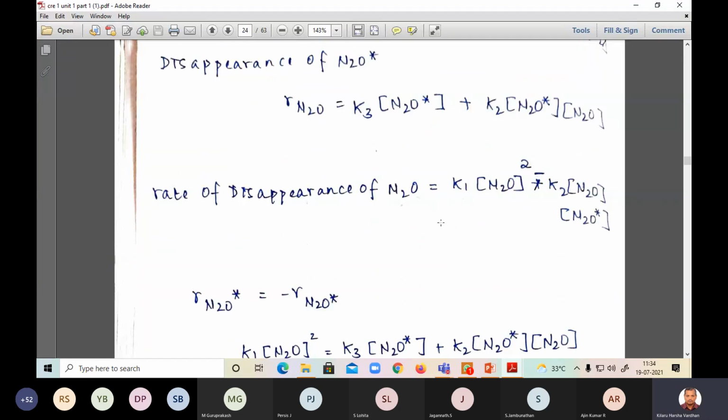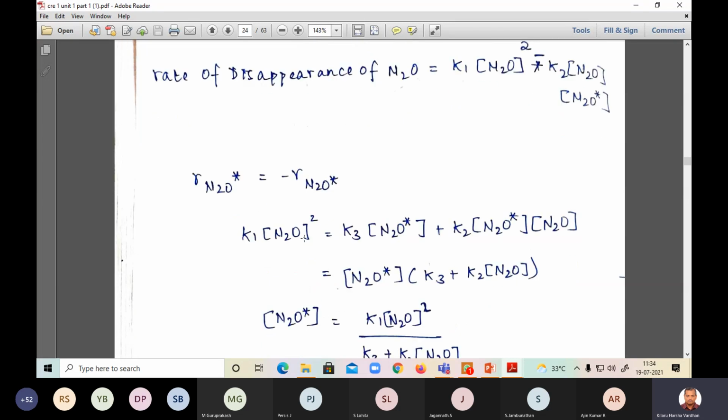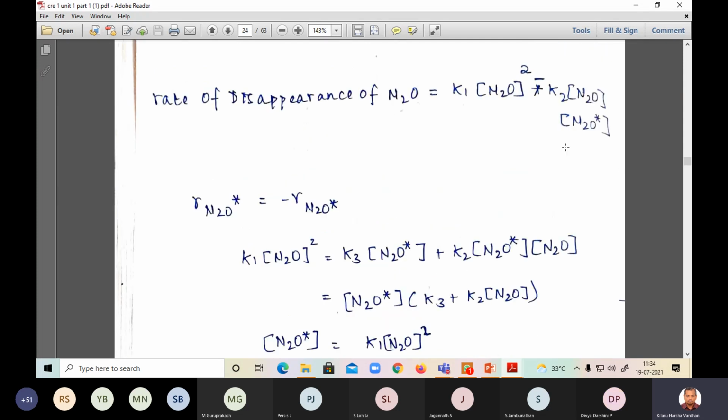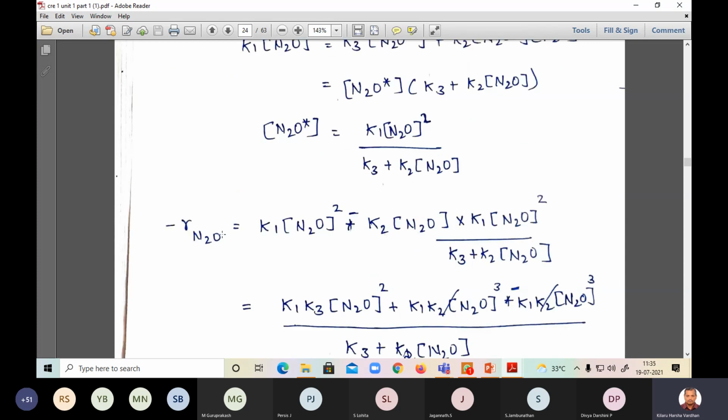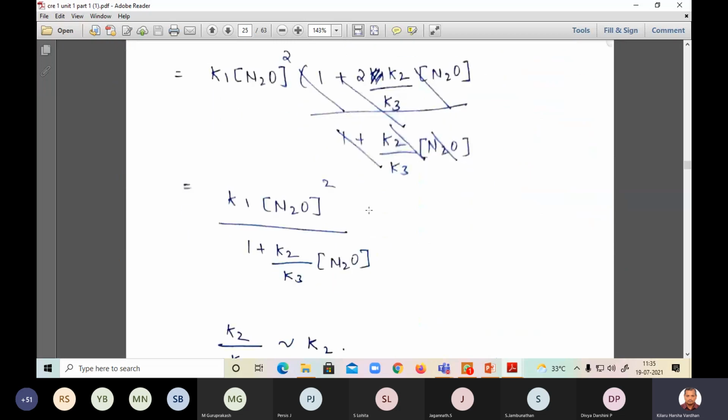That is what she did here. So you are getting it in terms of N2O star. So again, write formation and disappearance for N2O star. If you do it, then N2O star you are getting in terms of measurables. You back substitute here and do some manipulations, cross multiplying, all that. Then you land with this kind of equation.